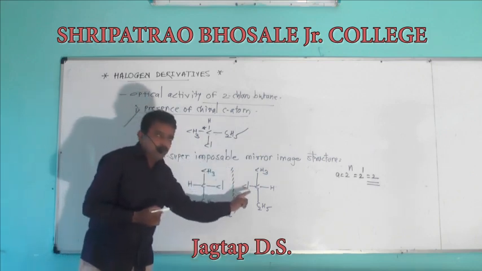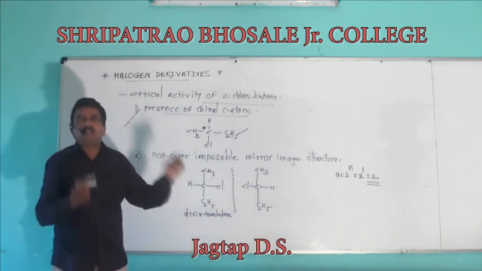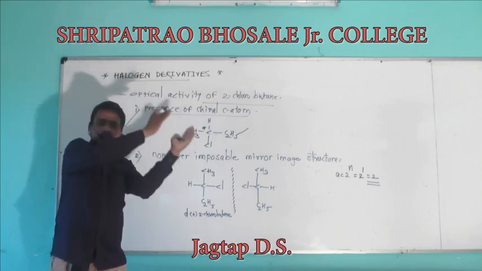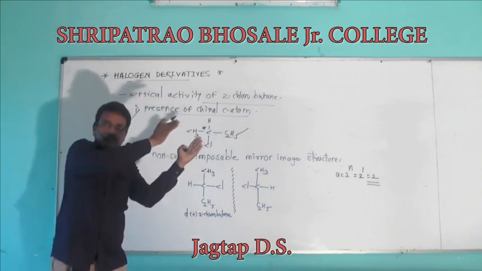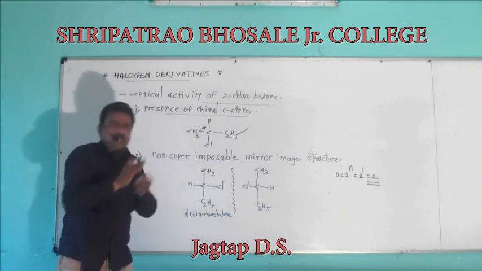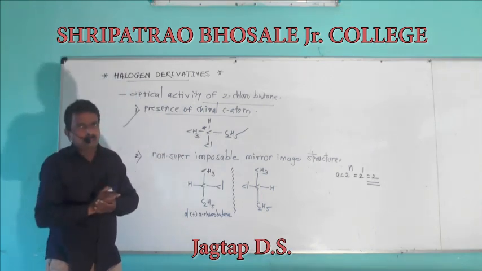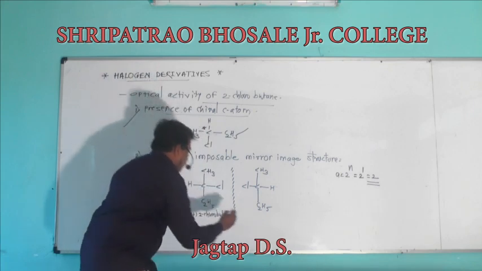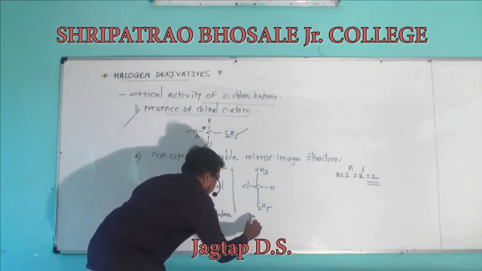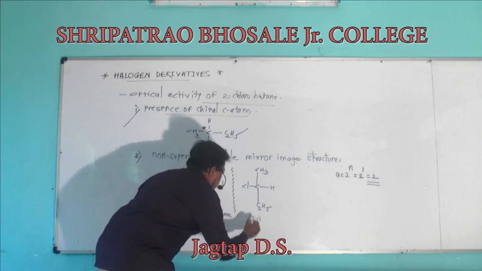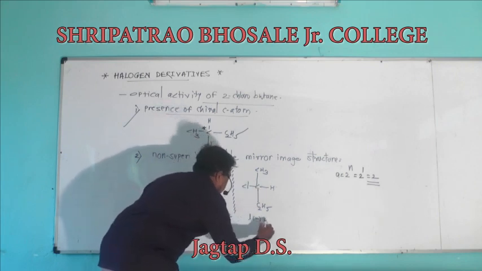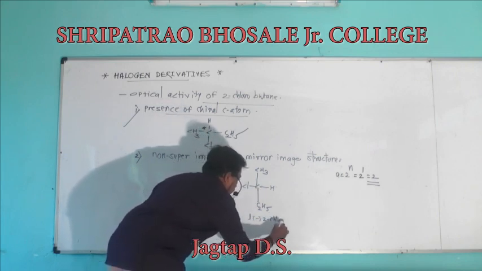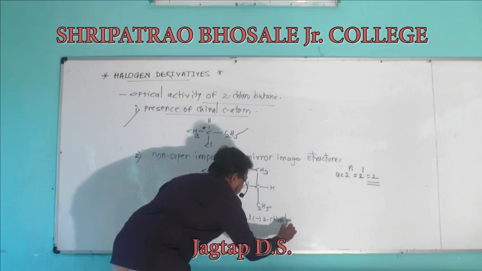The other optical isomer rotates plane polarized light towards the left side, that is anti-clockwise. Such an isomer is known as the laevo isomer. It is denoted by small l or minus sign, and is named l-2-chlorobutane.